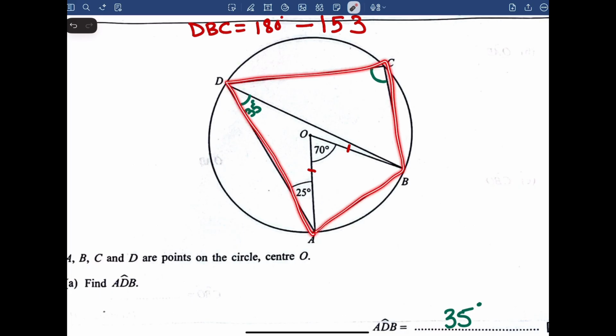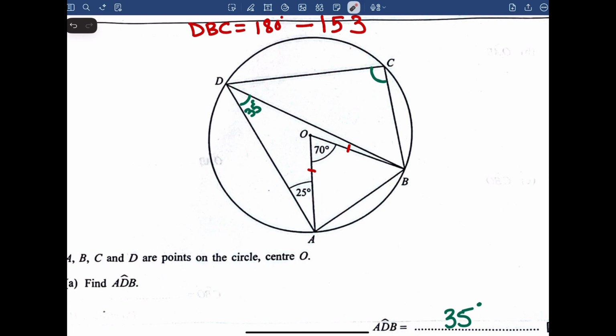Okay, and we know that the opposite interior angles of a cyclic quadrilateral are supplementary, which means this angle plus this angle will give us 180. Okay, so in order to find this angle, I think if we can find out this angle by any way, it would make our life easier. And I think it's very easy to calculate this angle.